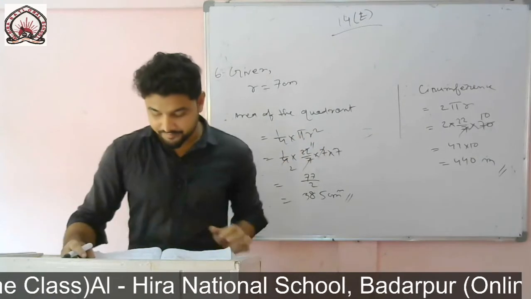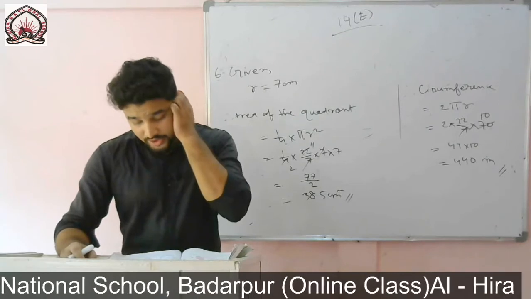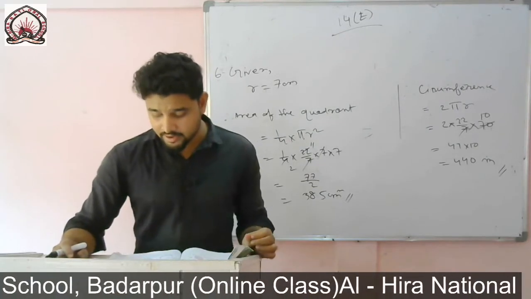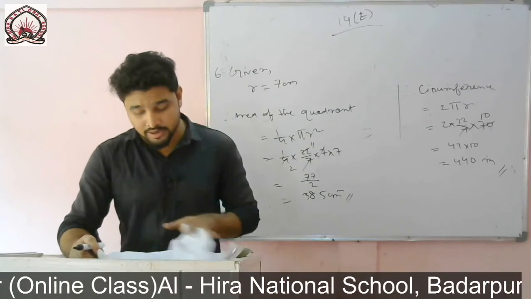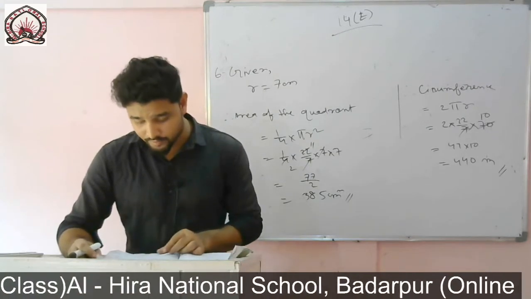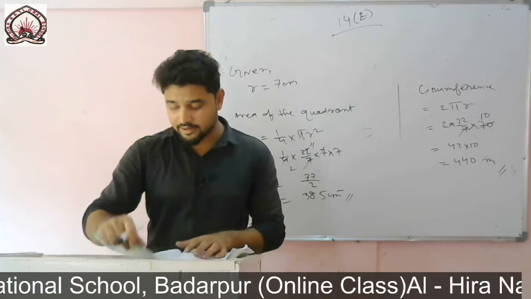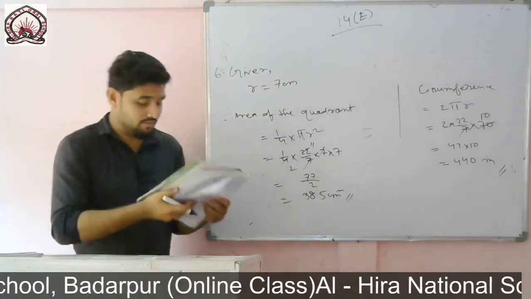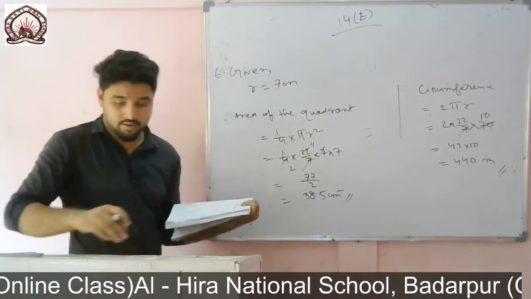Find the area of each shape correct to 1 dp. As in exercise 14e, we have done question number 9, so these are exactly like that. I am showing you one.